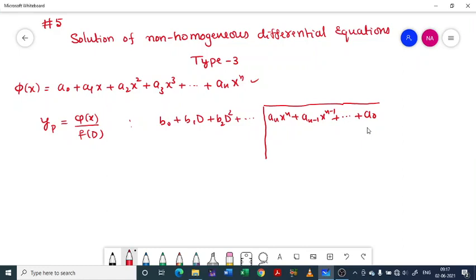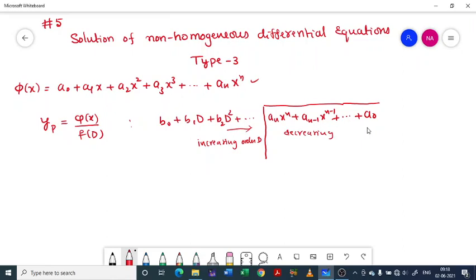To divide a polynomial, you have to write this in this form: b0 plus b1 D plus b2 D square. See, this you have to write in increasing order of D. The power of D should be increasing. In that way you have to write in terms of increasing orders of D, and this in decreasing order.